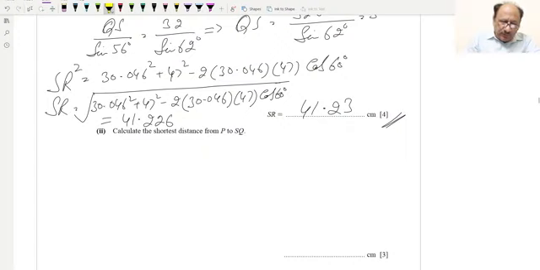For the second part, they are saying calculate the shortest distance from P to SQ.